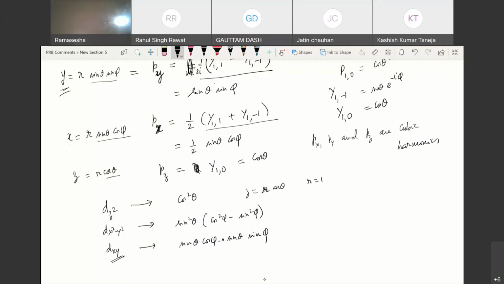Supposing if I tell you f(x, y, z), what should be the angular part? You can just write down sin theta cos phi times sin theta sin phi times cos theta. So f(x, y, z) will have that theta-phi dependence. And what is interesting is that you can plot z squared. So z squared is going to be positive in both plus and minus z axis, right?